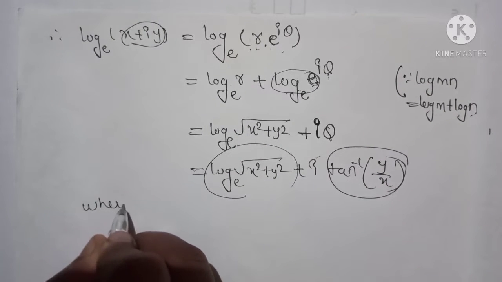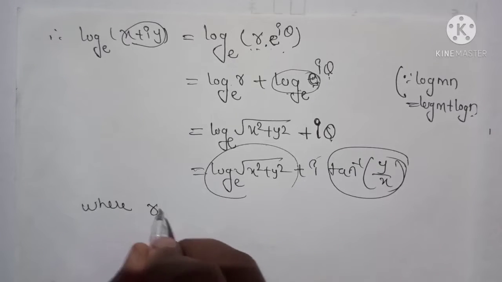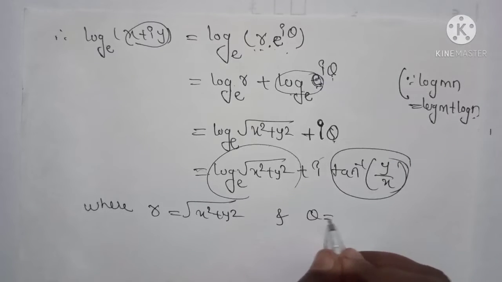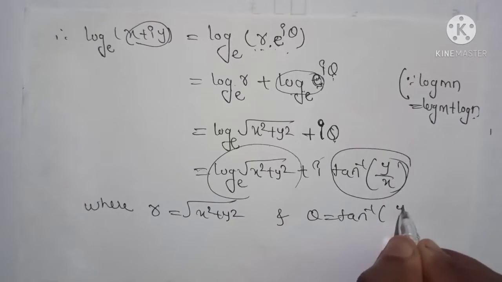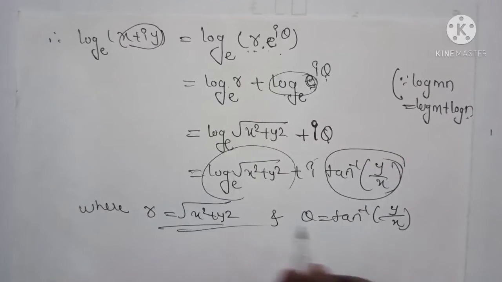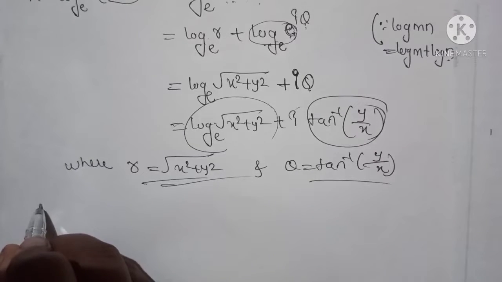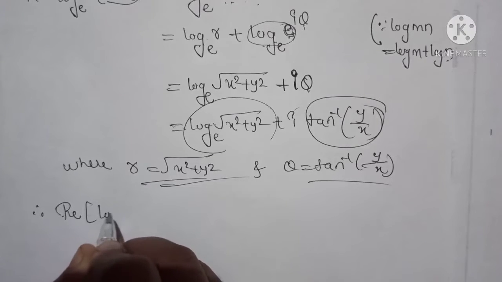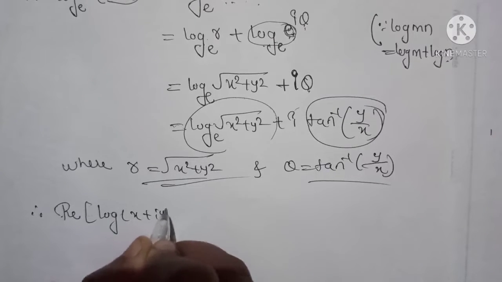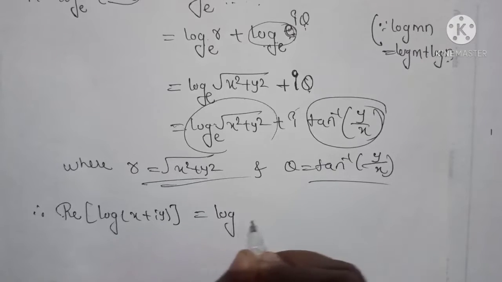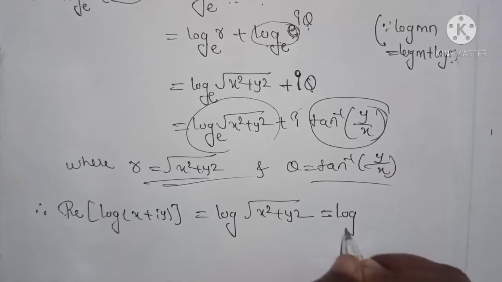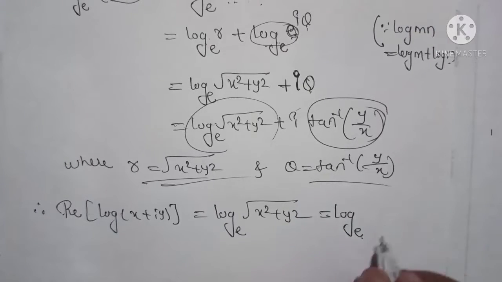Where this r value is equal to square root of x square plus y square, and theta value is tan inverse of y by x, using this concept. Now therefore we can write the real part of log of x plus iy is equal to log of square root of x square plus y square, to the base e.